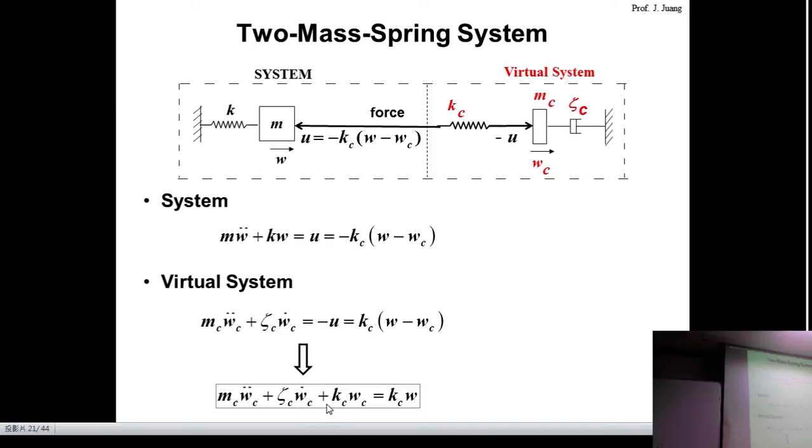Choosing K C means transferring energy from the real system into the computer system. For example, this K C has to be chosen such that this virtual system oscillates with this system.